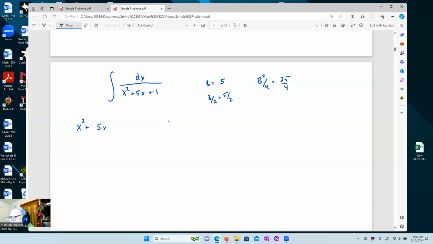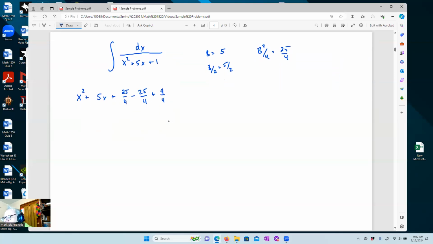So we're going to add our 25 over 4, subtract our 25 over 4, plus, I'm going to call this one 4 over 4, just to have common denominators there. So what we end up with is x squared plus 5x plus 25 over 4 minus 21 over 4. That's negative 25 plus 4, negative 21 over 4.